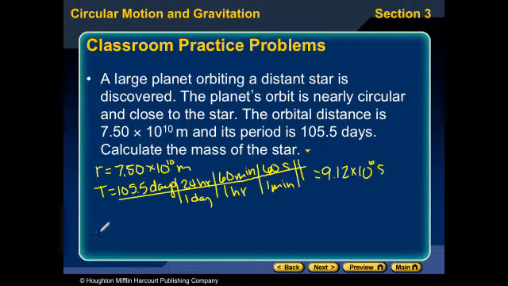And then we want to know what the mass is. So we're going to use our period equation. Let me write that out. Our period is equal to 2 pi times the square root of r cubed over GM.